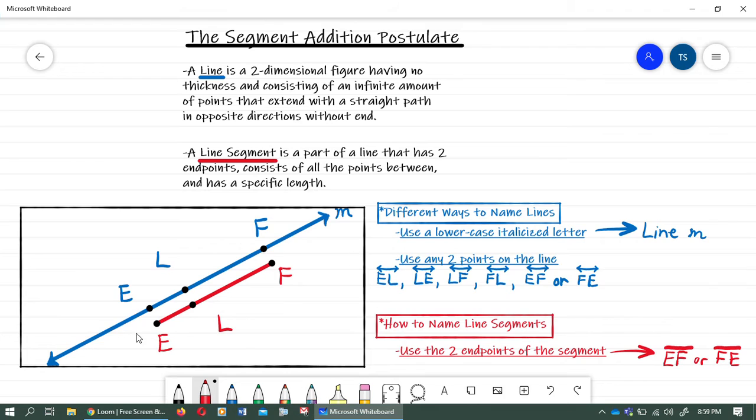Again, folks, that longest segment there, the segment with the 2 endpoints EF, we can name it segment EF, where it looks like that with the little symbol on the top, or we can name it segment FE. Again, guys, the order there doesn't matter as long as you make sure you use the two endpoints.